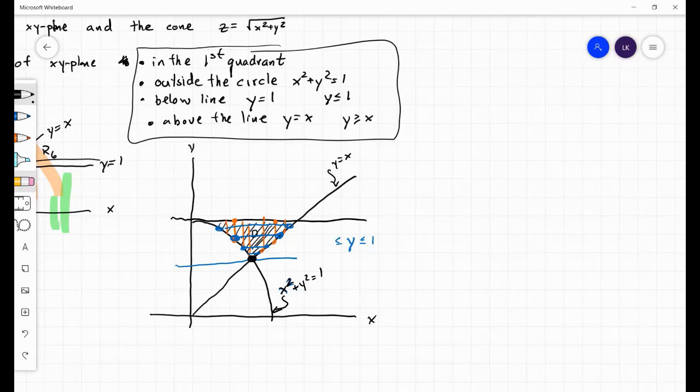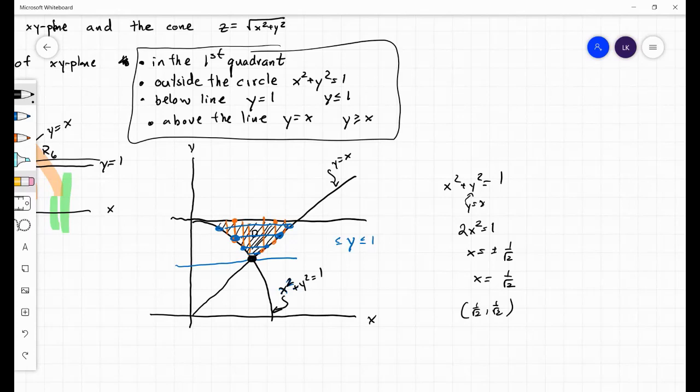So we have x squared plus y squared, where y equals x. So we just substitute, and we get 2x squared is 1. So x is going to be plus or minus 1 over root 2, and we're in the first quadrant, so we take the positive version of that answer. Okay, and so this point of intersection is 1 over root 2, 1 over root 2.